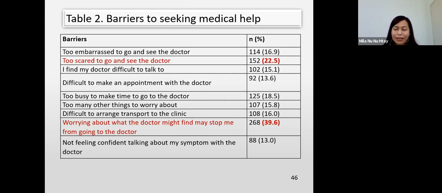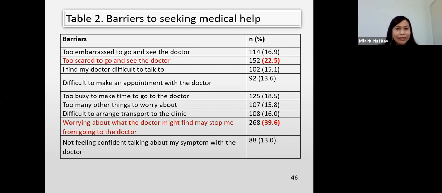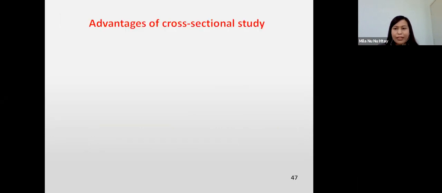Sometimes they say that even though they may have cancer, they don't want to know the diagnosis, because they consider cancer a death sentence. So we need to change the perception in the community. If you go and seek help early, yes, your survival is better. So we need to convey that information. So this is the brief finding of our study.